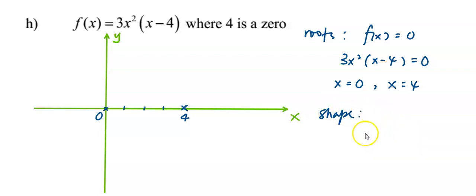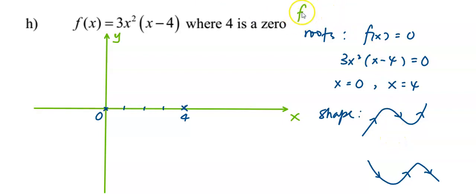The shape will be either up, down, up, or down, up, down. So the shape actually depends on the value of a. We know our cubic function's general form is ax cubed plus bx squared plus cx plus d.